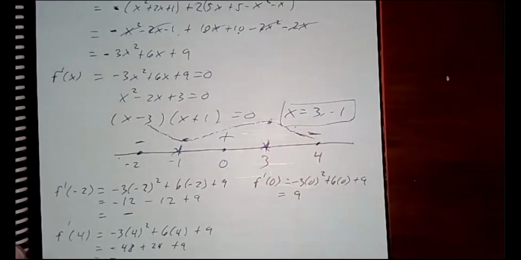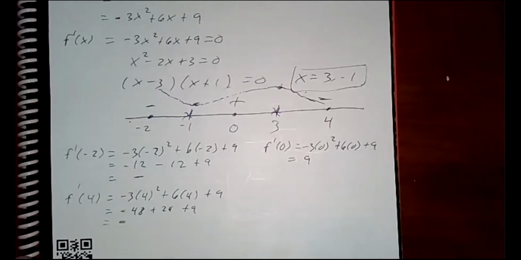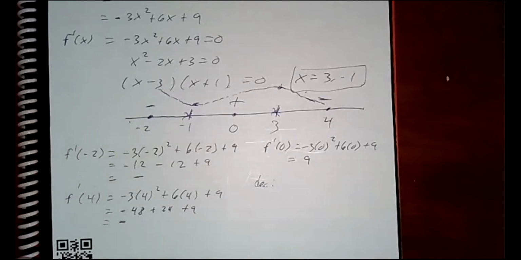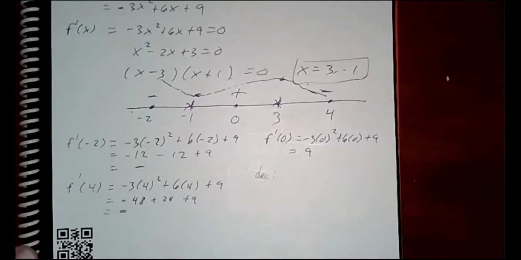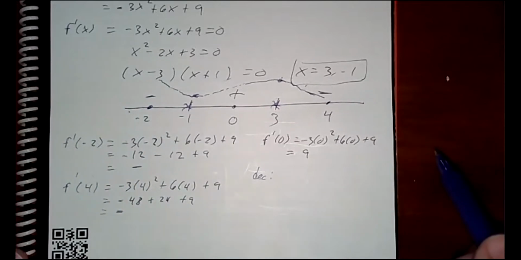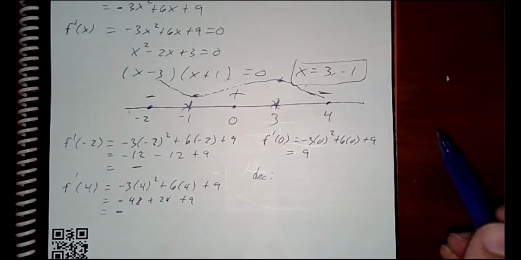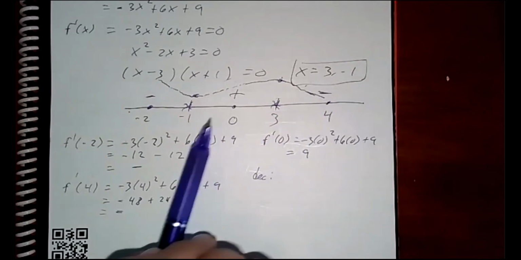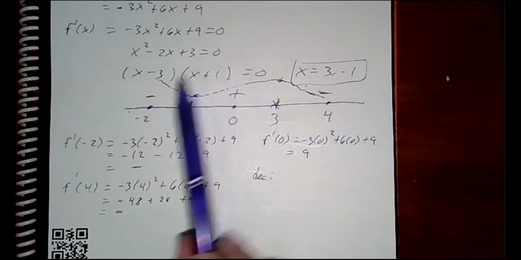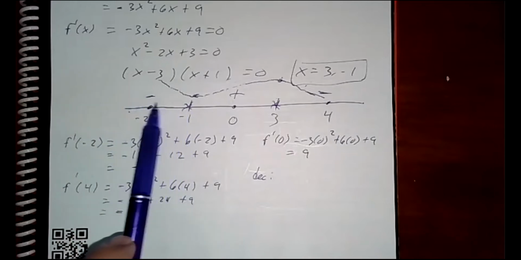Yes. So now we can answer the question, right? Where are we decreasing? We had -1 and 3. You asked where we're decreasing, right? So we are decreasing below -1, right?